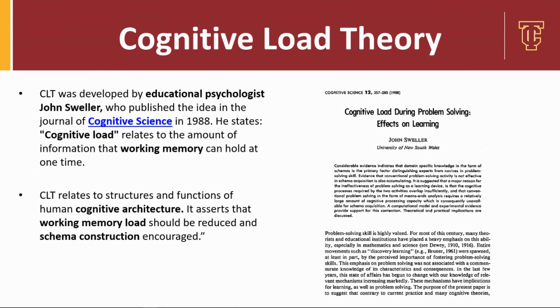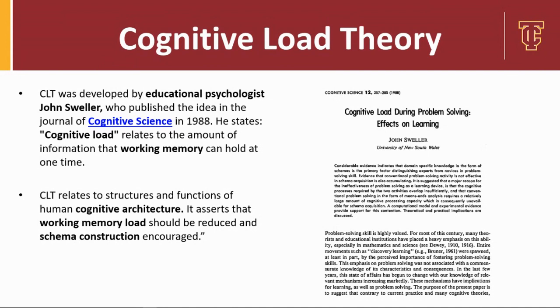And it's really him who relates the amount of information that working memory can hold at any one time. So cognitive load theory relates to the structures and the functions of cognitive architecture. And I love any architectural references. So it's very concrete for me. I understand it. So it's about human cognitive architecture.